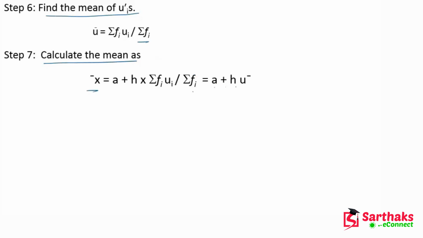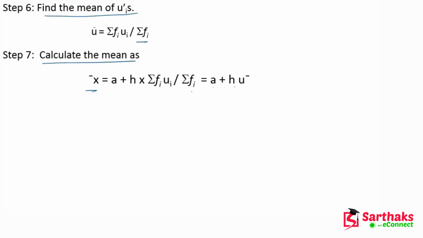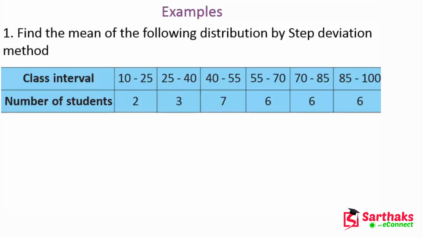Now let's understand this method by solving a question. The question is the same: find the mean of the following distribution by the step deviation method, where we have the class interval and the number of students, which is fi, the frequencies. Let's make the table.